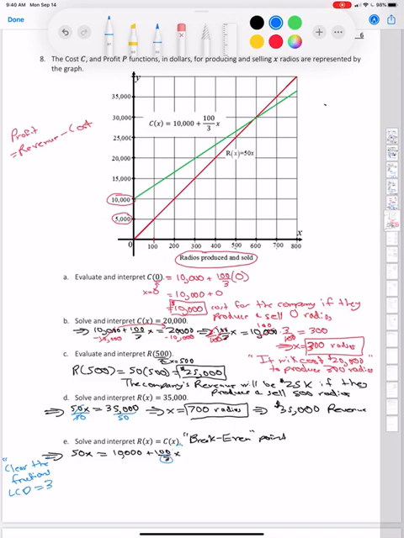So I'm going to multiply both sides of this equation by 3, using the multiplication property of equality, so I can divide out this denominator and clear the fraction. Now 50 times 3 is 150, so 150x. 10,000 times 3 is 30,000, plus 100 thirds times 3 is 100x.